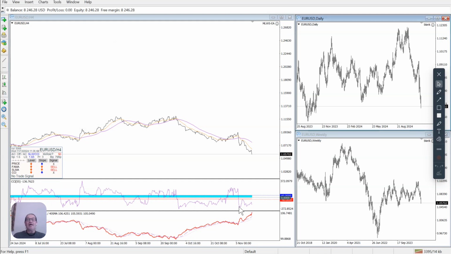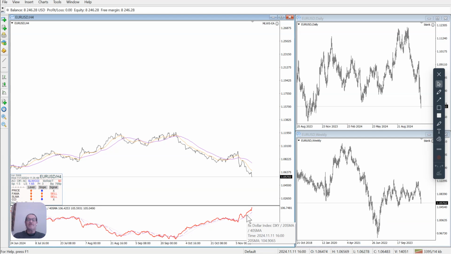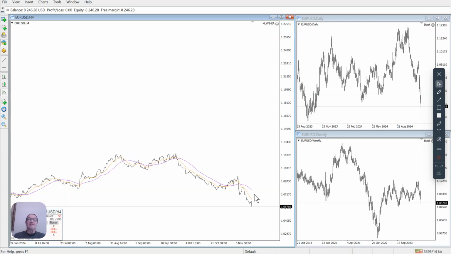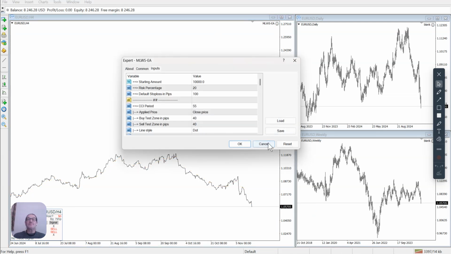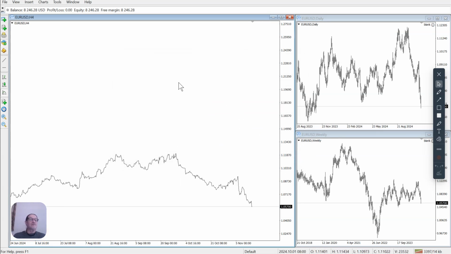Okay, and including my 4-hour chart, I get rid of every indicator that I use. So that now I am based strictly on nothing but price, and that's the only thing. I'll even get rid of my wrong button. I'll even get rid of my expert advisor right here. All we have now are naked charts with nothing else.